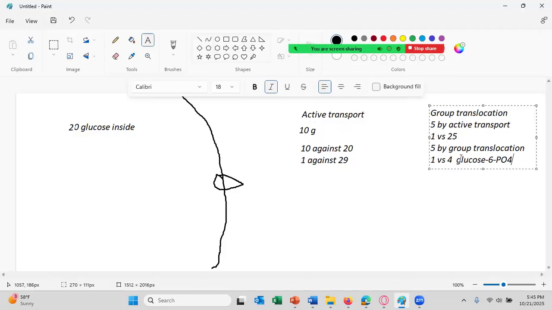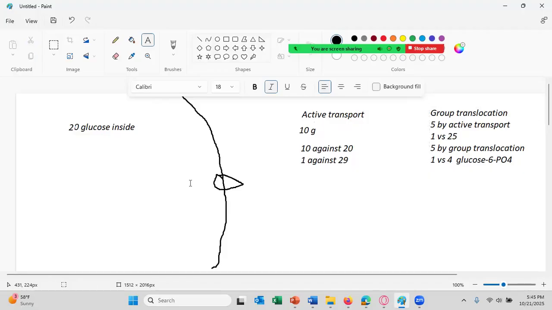You see why the prokaryote uses group translocation? Because it makes it easier to move the molecule into the cell, and then also easier to retain the molecule in the cell. And then 5 of the molecules move by active transport, and then 5 move by group translocation.